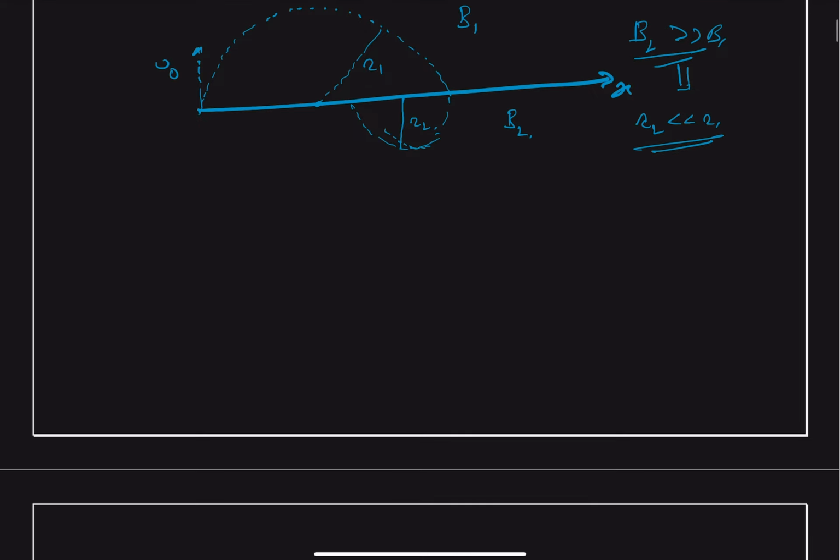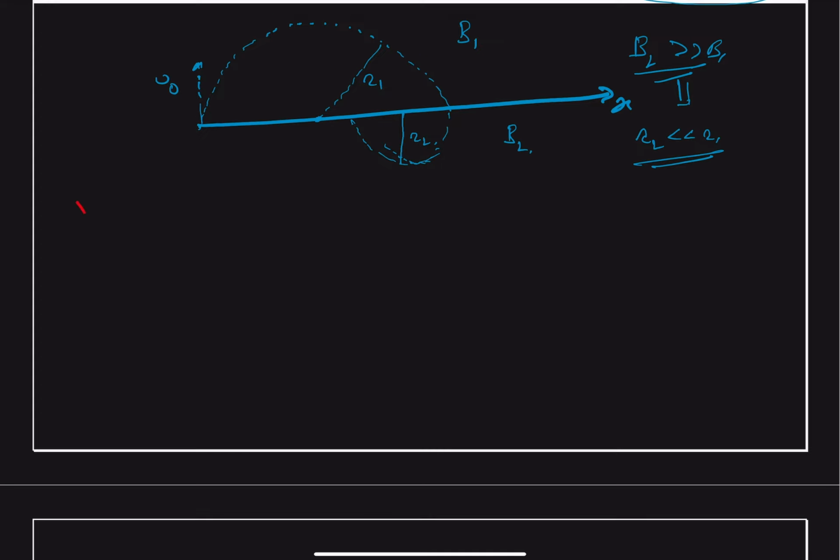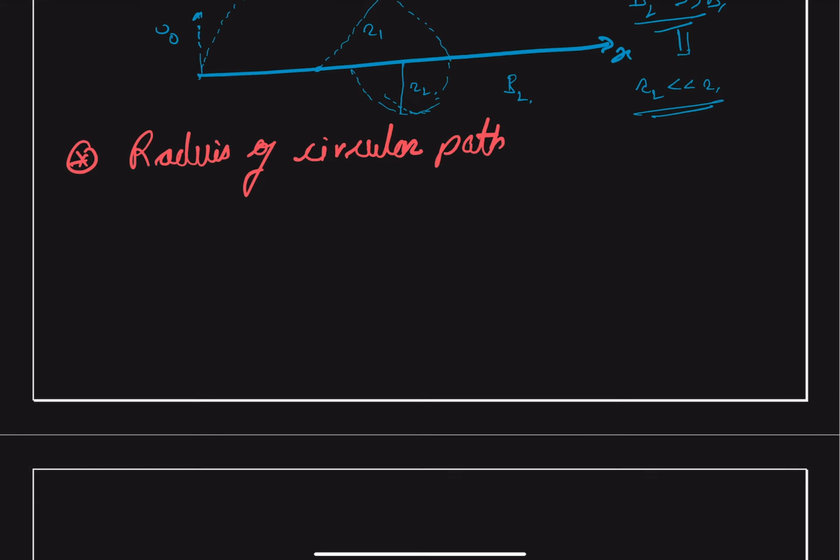We also know the general formula for the radius of a circular path. Suppose the radius is given as small r, and that can be written as mv divided by q, the charge, multiplied by the magnetic field.